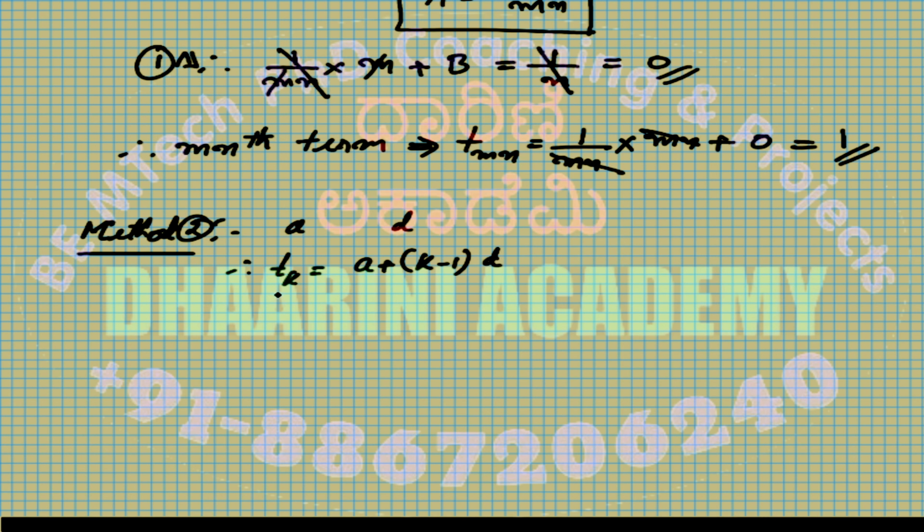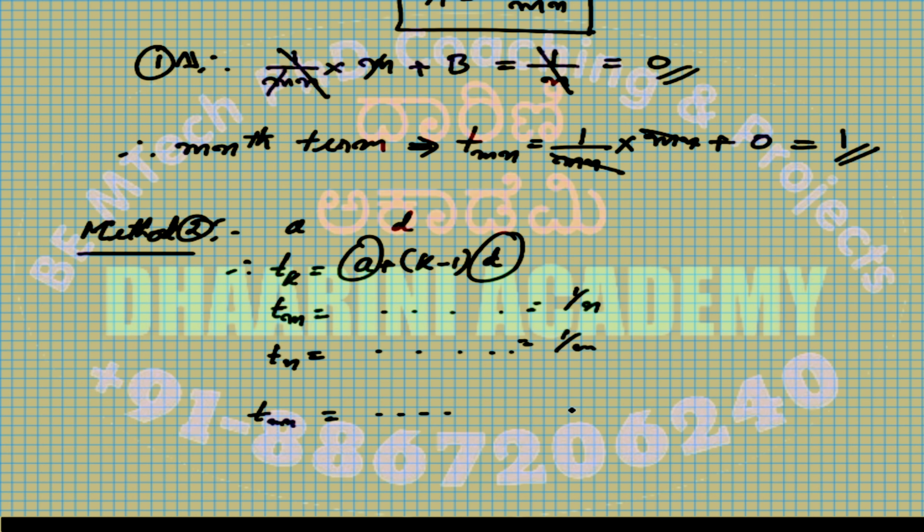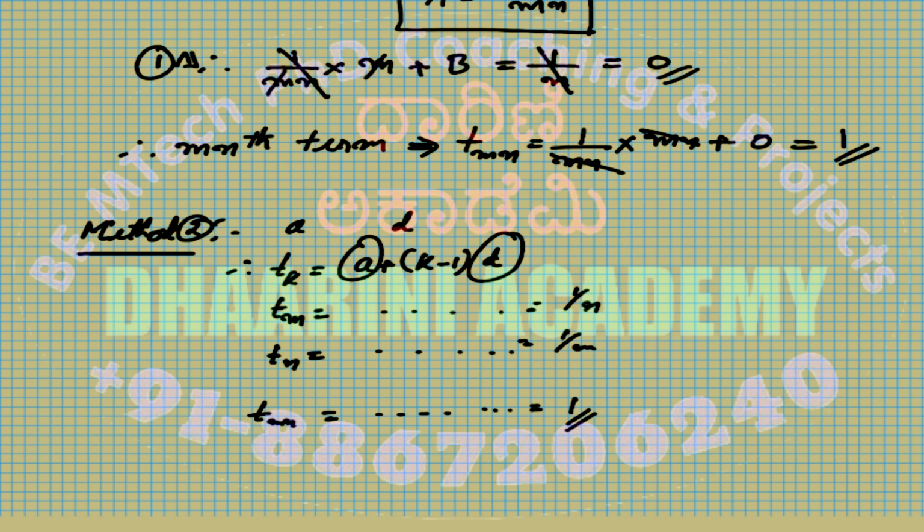Then write the mth term, Tm, equal to 1 by n, and the nth term, Tn, equal to 1 by m. Using these you can find a and d, then find Tmn. Substitute, and you will find that it is also equal to 1. This is the alternative method, slightly longer than the previous technique, but you will get the same answer ultimately.